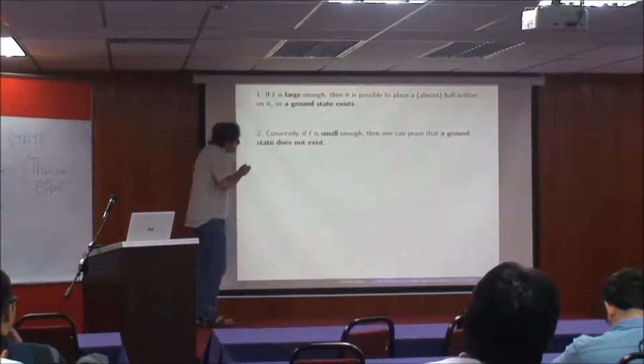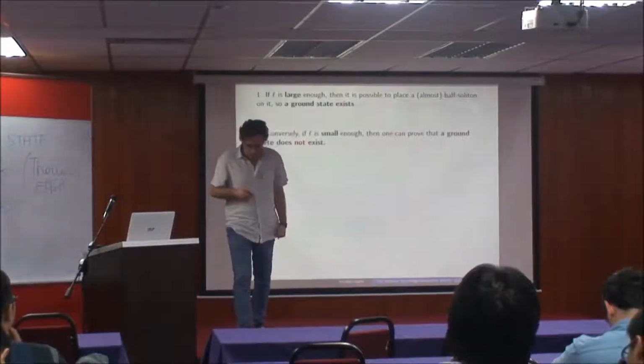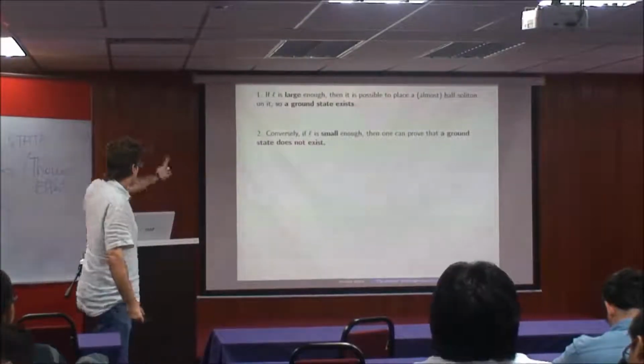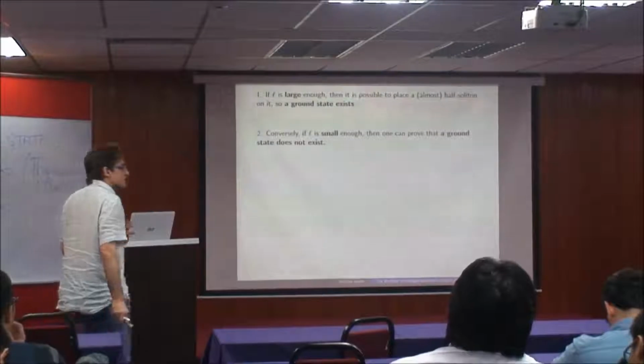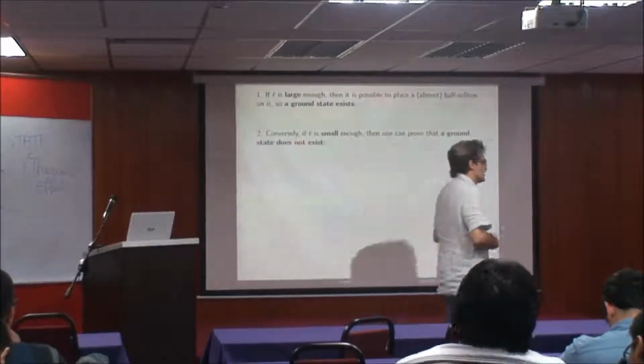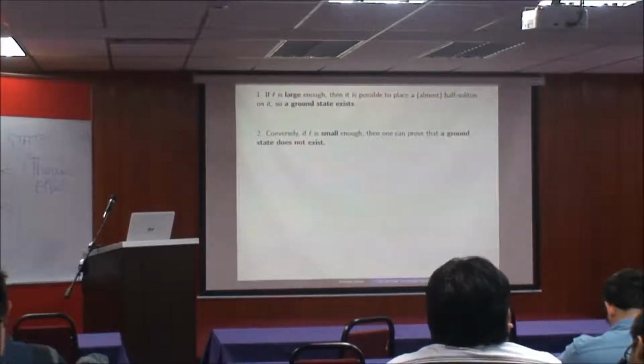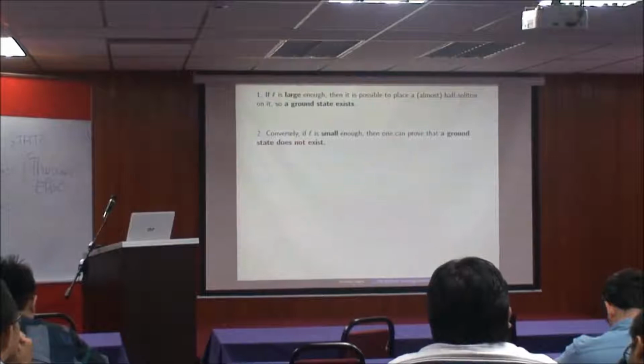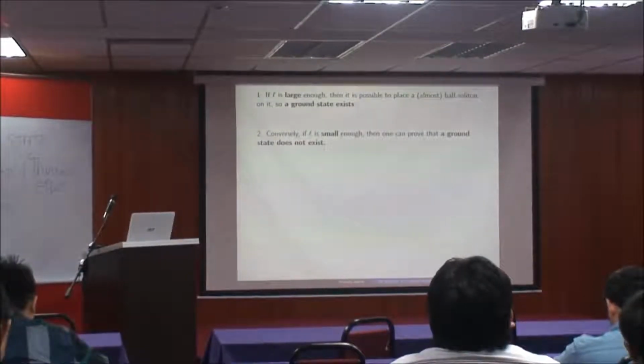The second observation is a bit more technical: if L is short enough, then there is no ground state. This is an interesting point, but I cannot explain it in detail. The point is the following.